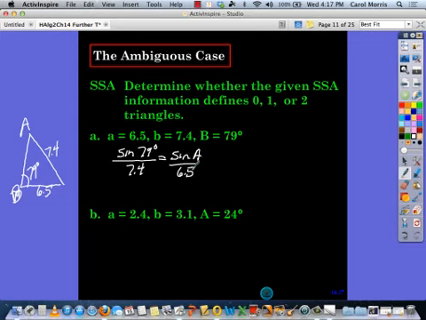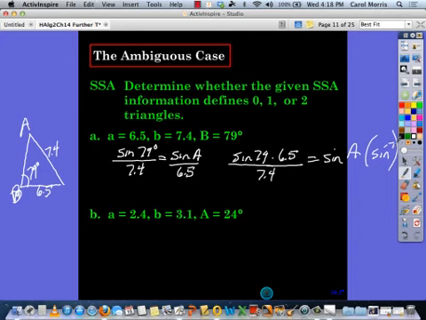Okay? So cross products again, we're going to end up with the sine of 79 times 6.5 divided by that 7.4 has to equal the sine of A. And we know in order to find angle A, we would have to do the inverse.